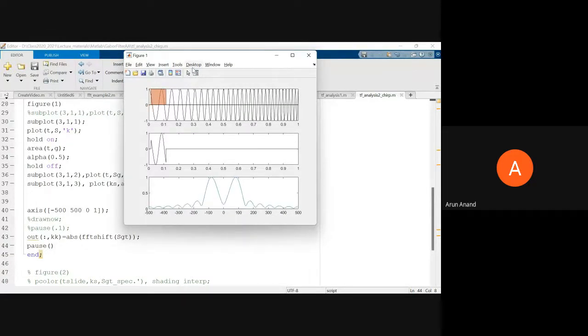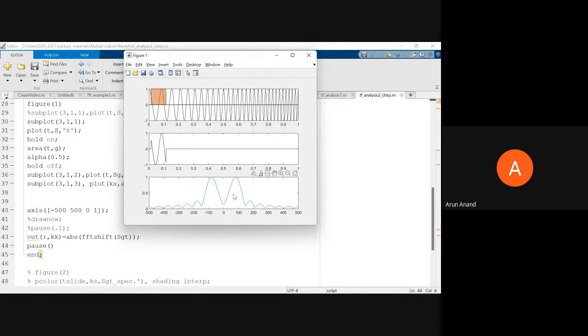What basically you are doing is that you have a rectangular window here. You are multiplying the rectangular window with the signal, so the present signal is only this much. Clear? So you are seeing a smaller portion of the signal, that is in the second panel. Now the spectrum looks like this.